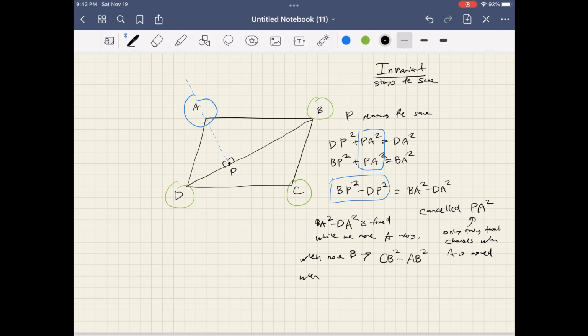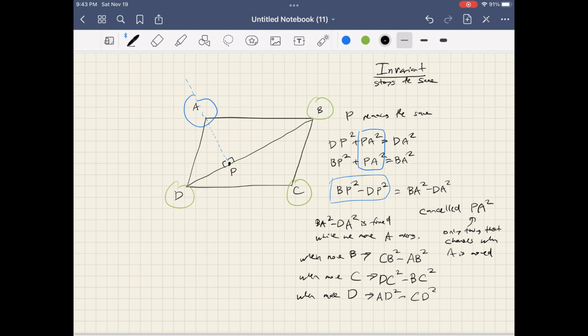And when we move C, we'll be able to see that DC squared minus BC squared is fixed. And when we move D, then we'll have that AD squared minus CD squared is fixed.